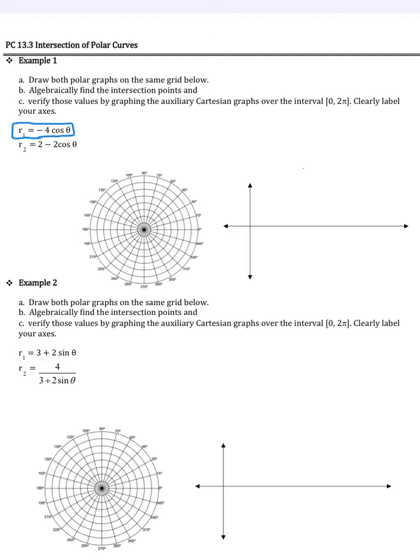So here we have a circle that has been reflected over the polar axis with a diameter 4, so 1, 2, 3, 4, coming through the origin, so it would look something like that.